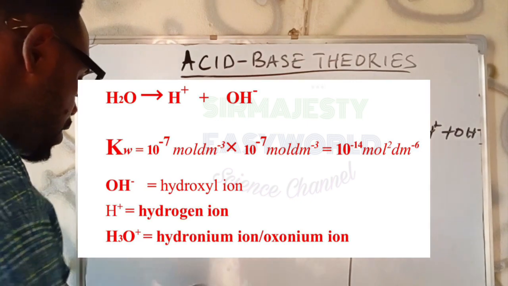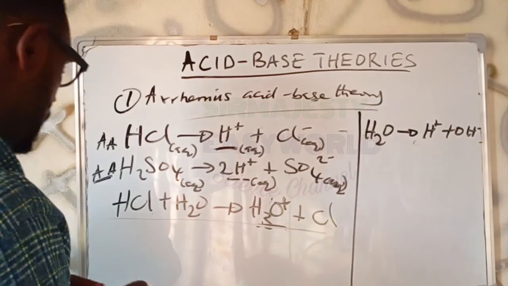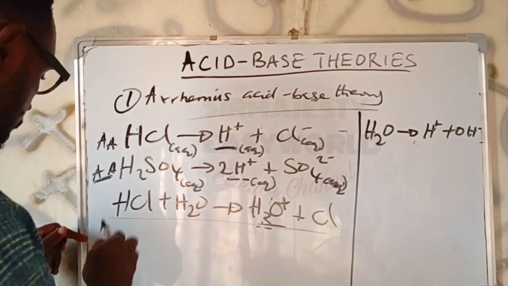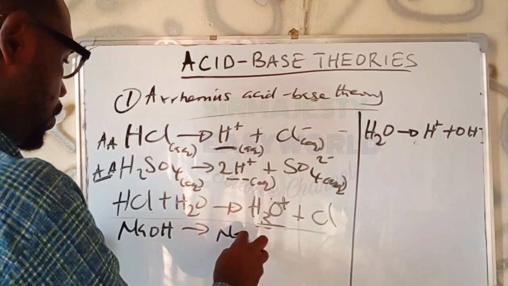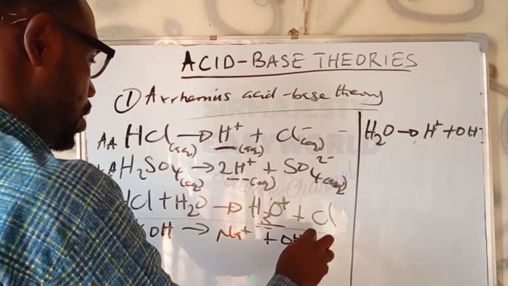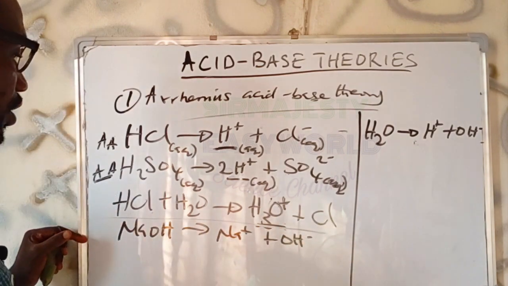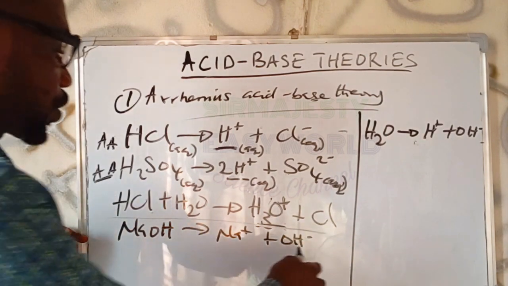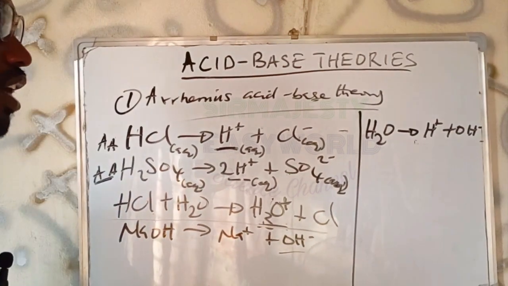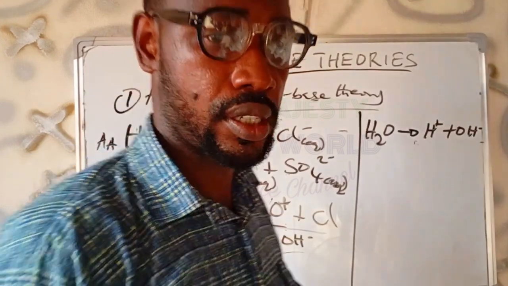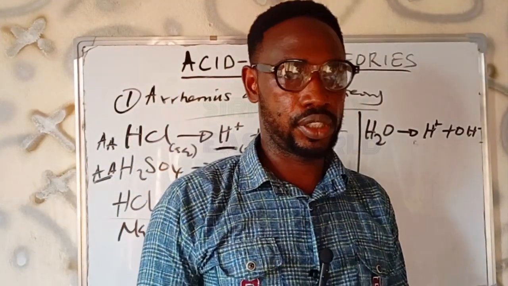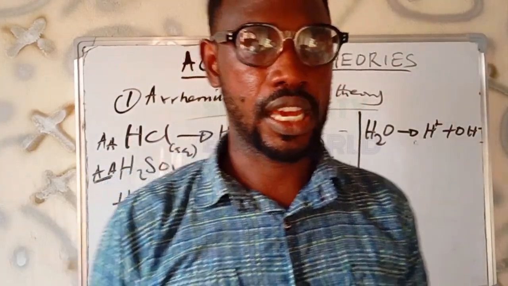If you see a situation like this, we have sodium hydroxide. This is a base. This also forces bases to be a source of OH. So anything that doesn't have OH, according to Arrhenius, is not a base. And anything that doesn't have hydrogen ion is not an acid.